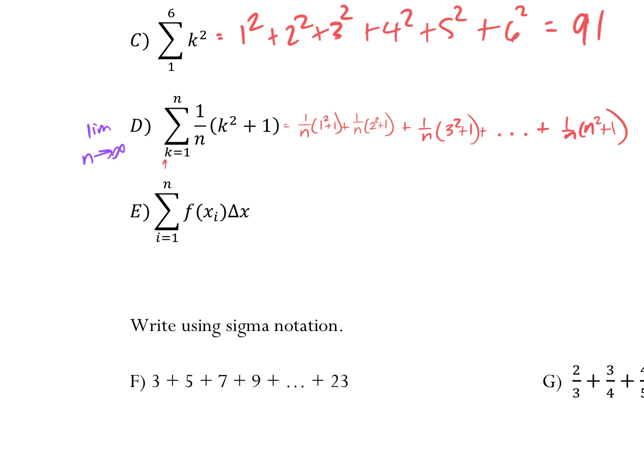But all right. Lastly, this one would be the sum from i equals 1 to n of f of x1 delta x plus f of x2 delta x and so on.